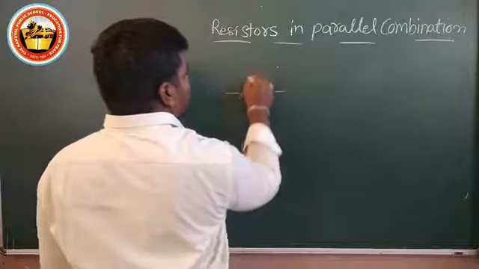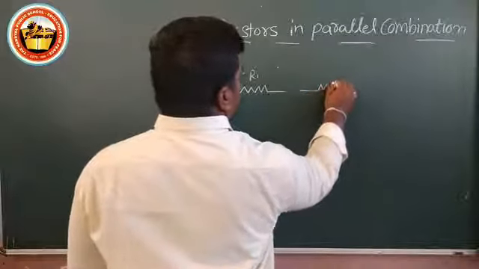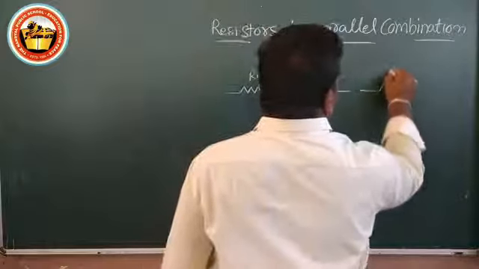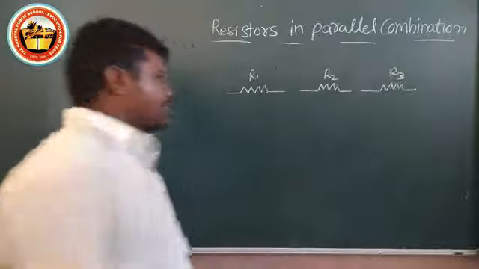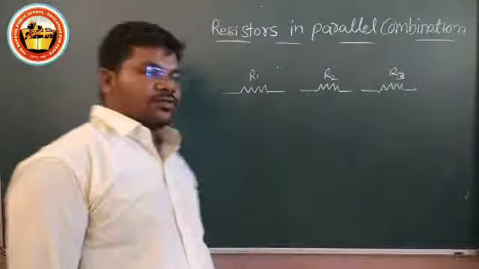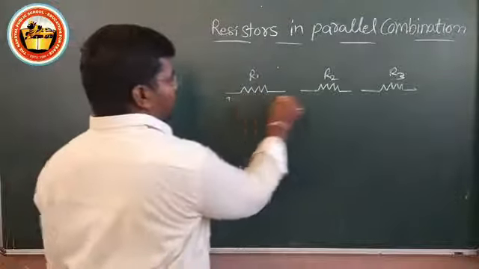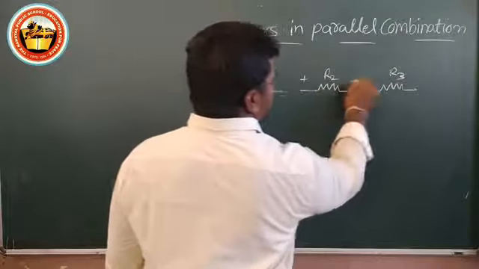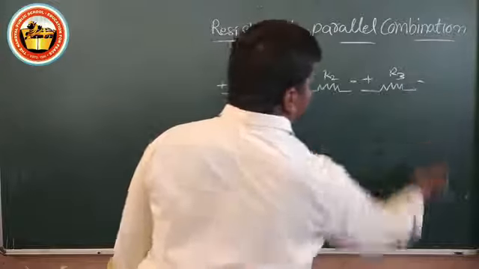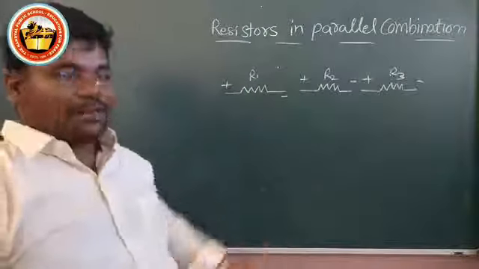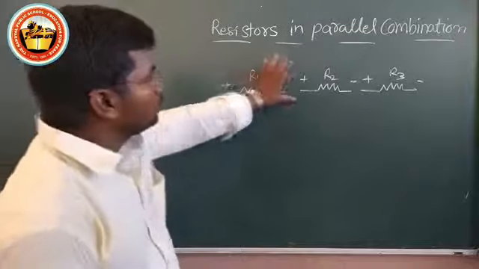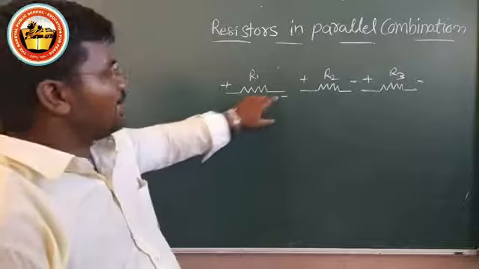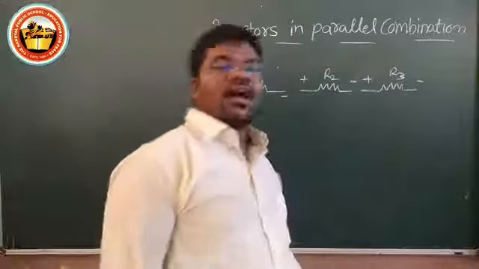Consider three resistors R1, R2, R3. These resistors have positive and negative terminals. According to the parallel combination, all positive terminals of the resistors are connected at one end, and all negative terminals are connected at the other end.